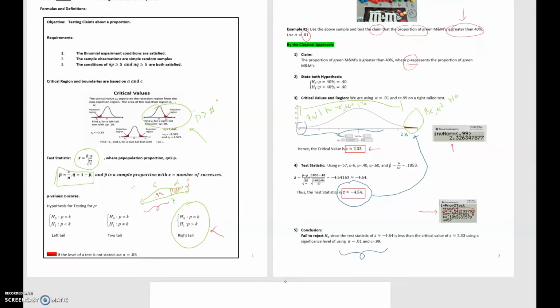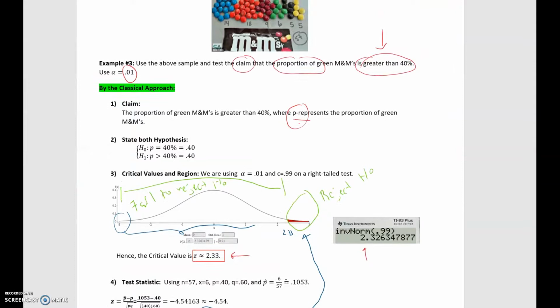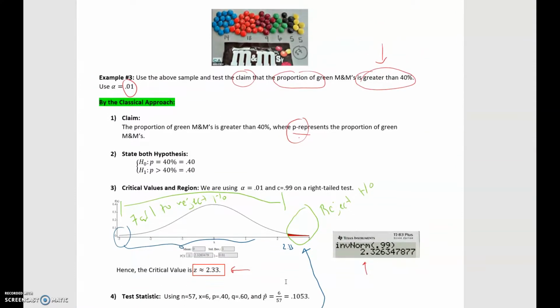Keep in mind what the test is actually doing in terms of what they're asking us. The actual value of p-hat happens to be 6 over 57, which is approximately, rounded to 2 decimal places, 0.11 or 11%.